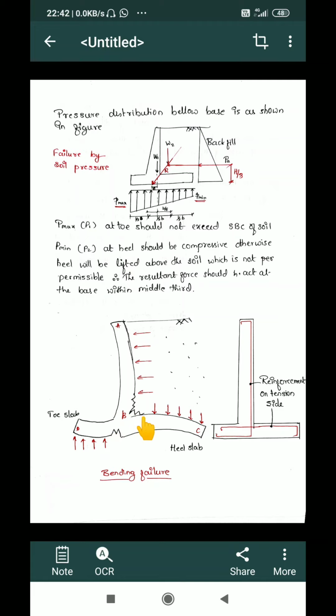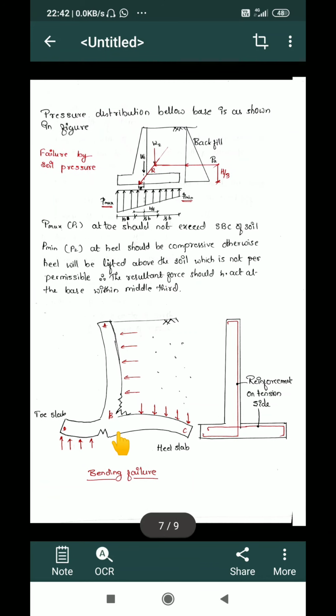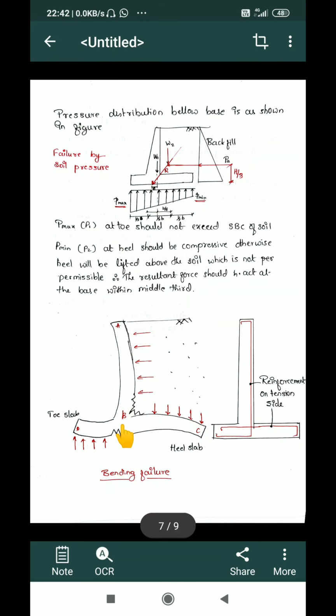This portion is of a fixed nature, and these three components act as cantilever elements. So the deflection of the stem, the heel slab and the toe slab will cause certain stresses at these junctions, and this is where a bending failure may occur. If this stress exceeds the critical stress condition, then a bending failure may occur.